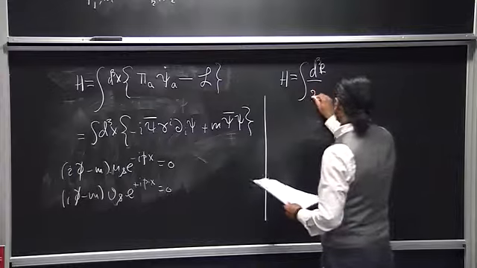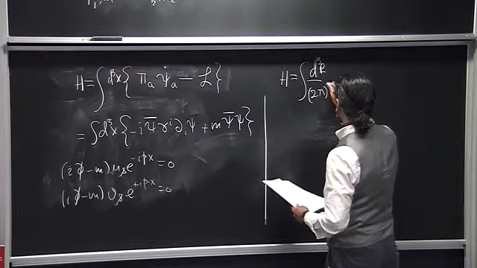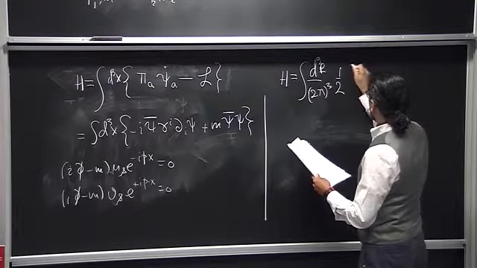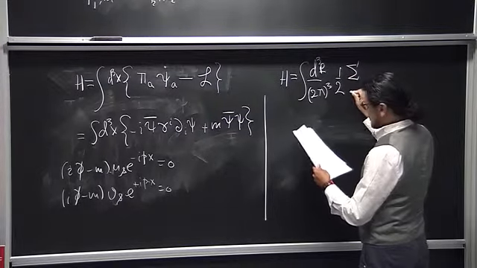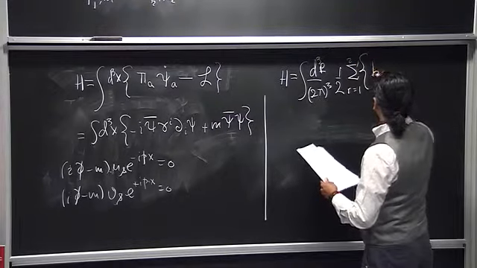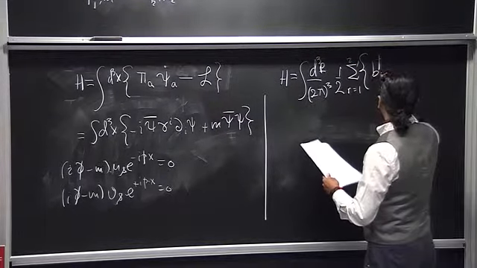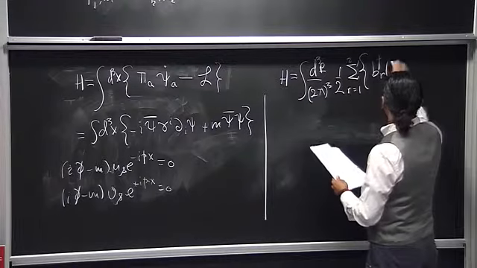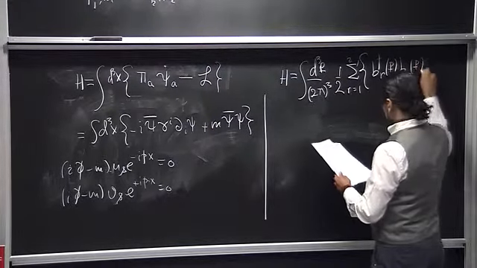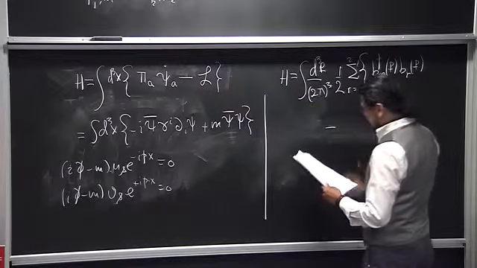But if you do the naive thing, what you get is a sum over the spin states, and you get b dagger r of p, b r of p. Then you get a minus sign.